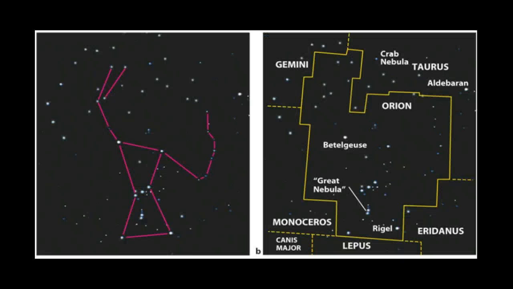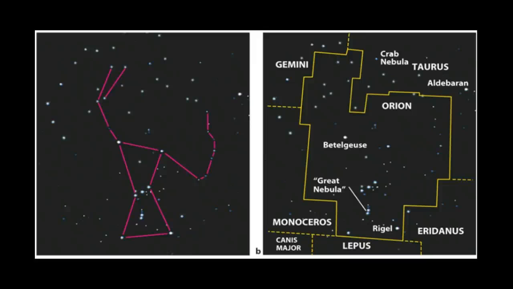Okay, on to constellations. In popular usage, the term constellation is used to denote a recognizable group of stars. So write that down. The term constellation, in popular terms, is used to denote a recognizable group of stars.